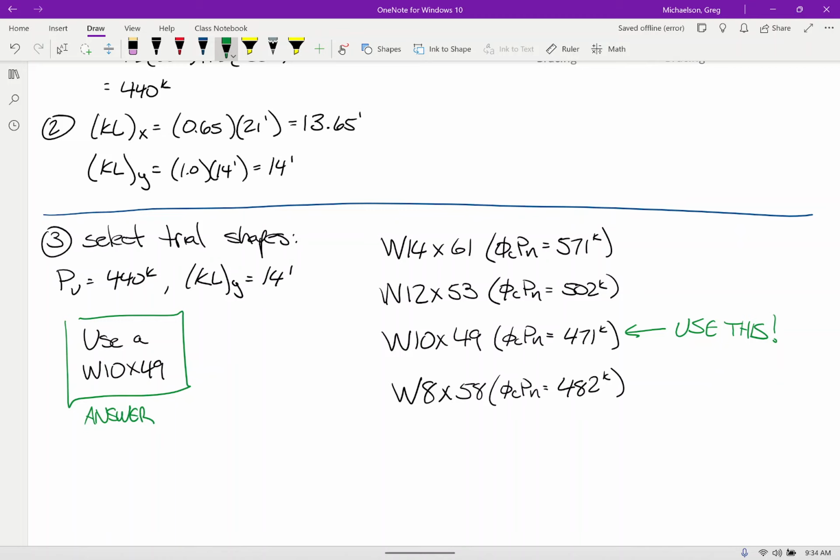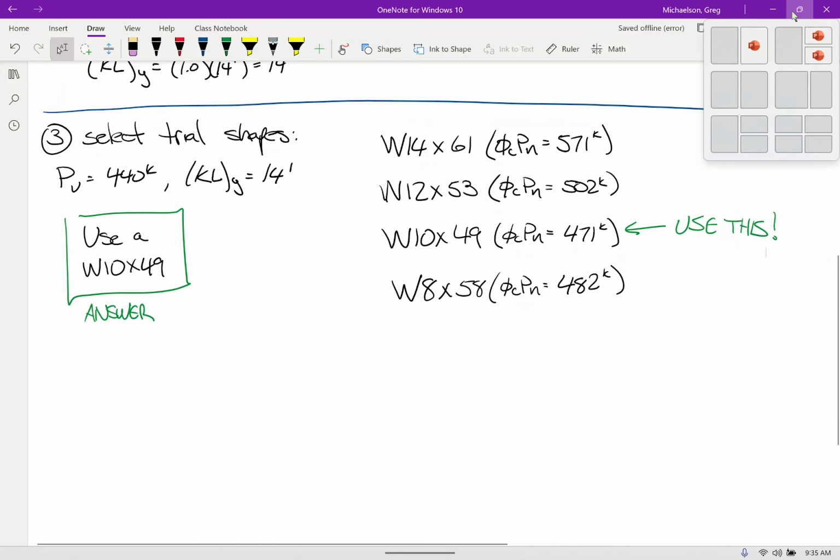I will go through the process later online probably of analyzing this if you would like me to, but how do we analyze it? We take the gross area, the RX, the RY, and just do everything we did in our last example. So I'm not going to worry with that. Instead, actually, you know what? Let's just do that real quick just to verify, just to make sure we're comfortable with this.